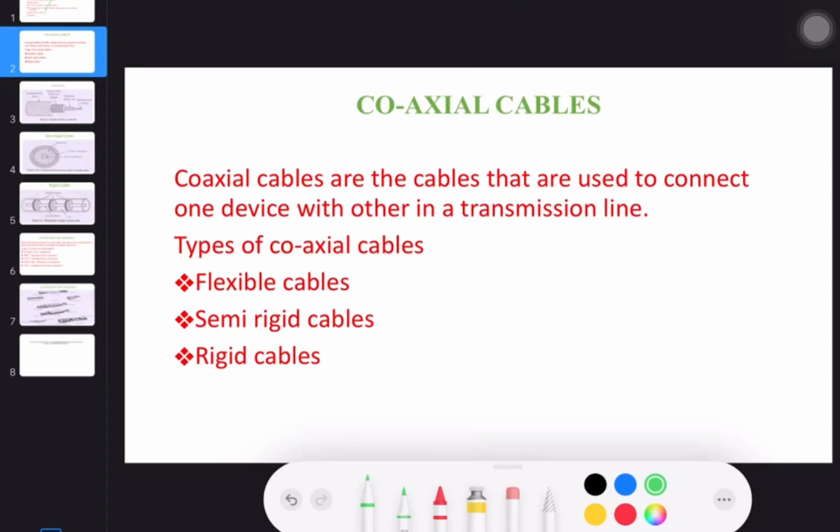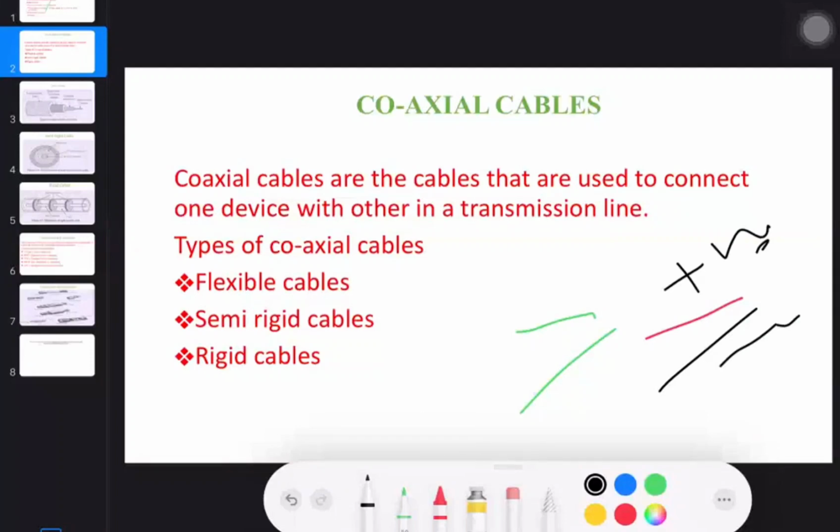So you know that in a CRO probe which you connect, one end of the cable will be connected with an adapter which can be connected to a signal generator or to a CRO. And the other end will have two output terminals, one positive and one negative, where one is the red point and the other one is the black point, where red is for positive and black is for negative.